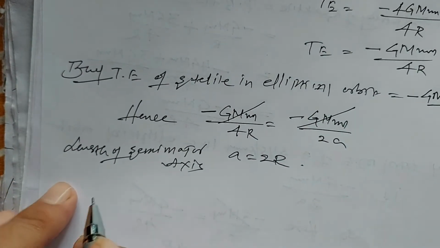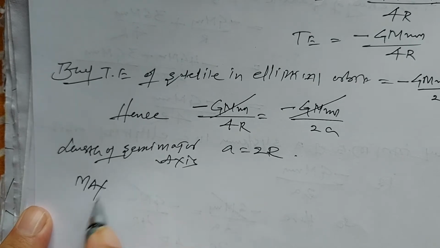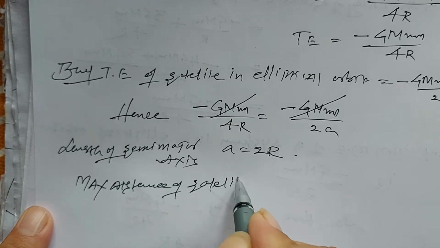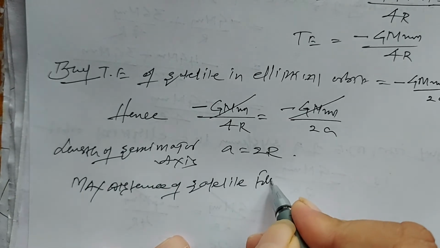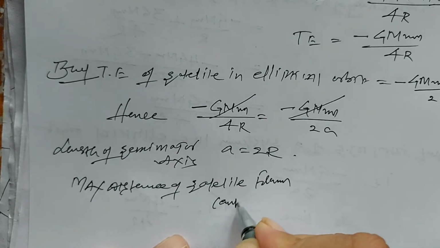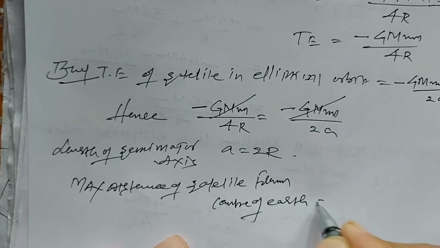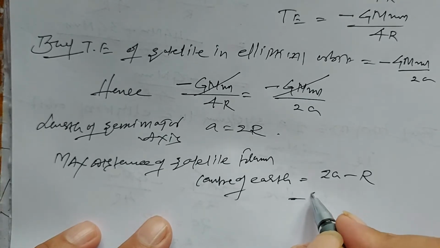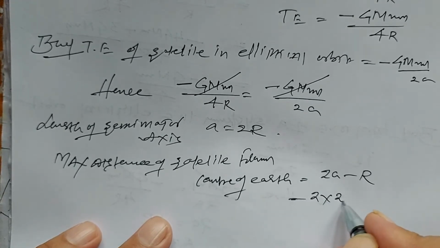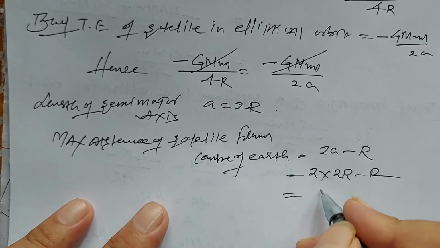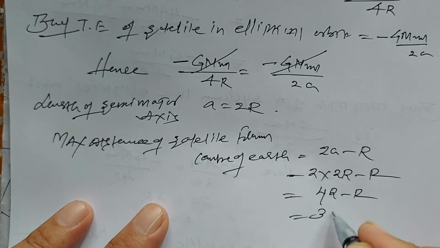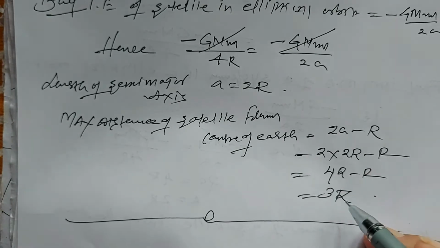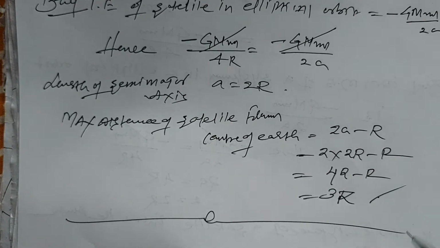So the maximum distance is 2a minus r, 2 into 2r minus r, 4r minus r, that is equal to 3r. So our answer is 3r.